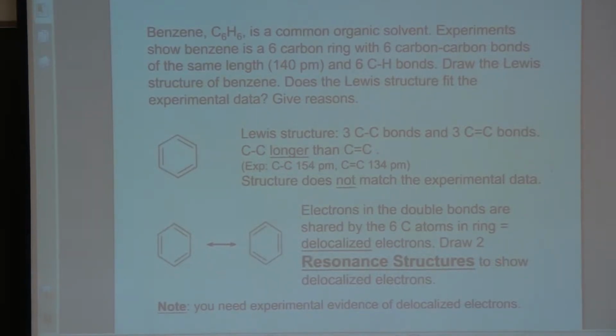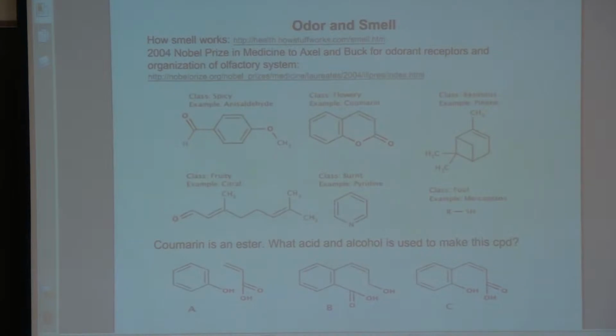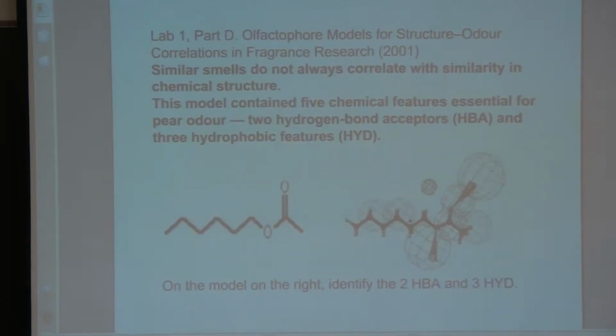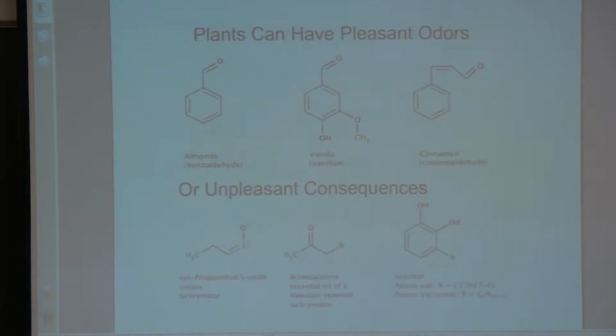So with resonance structures, electrons are shared or delocalized between 3 or more atoms in a molecule. Now we have to have some experimental evidence to determine whether resonance structures need to be drawn. Let's see, we talked about odors and smells, we talked about some molecular modeling.